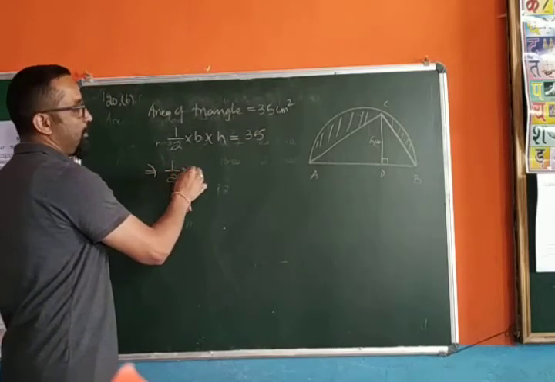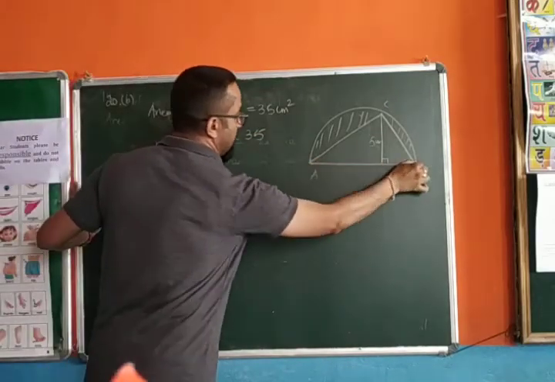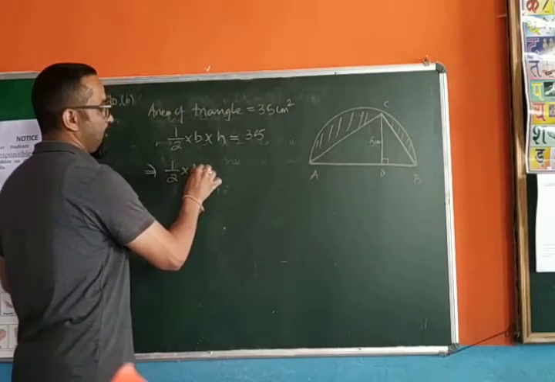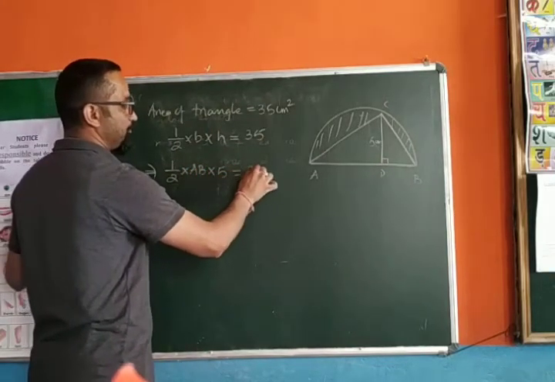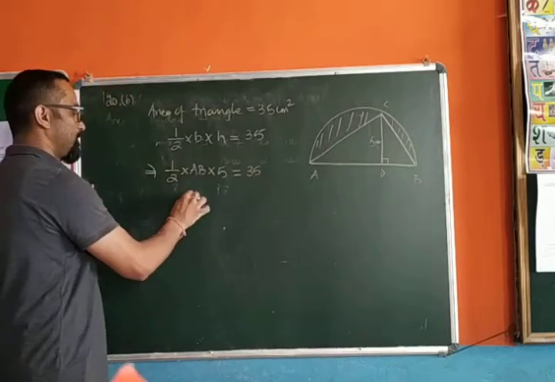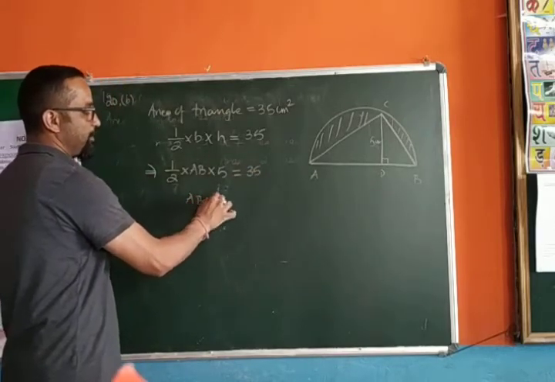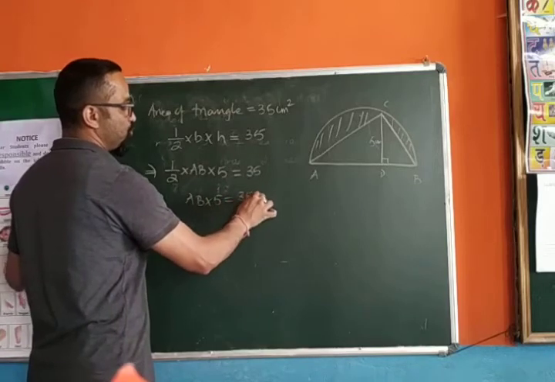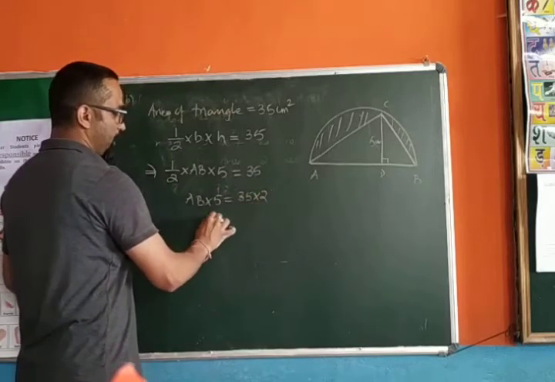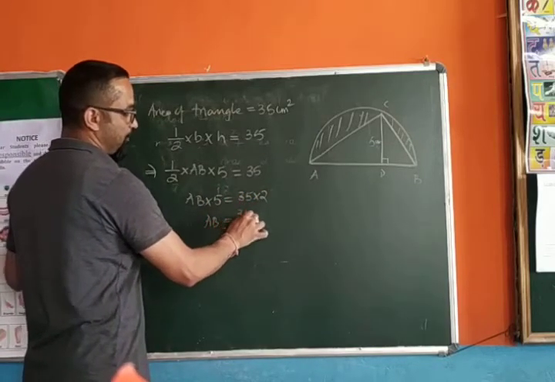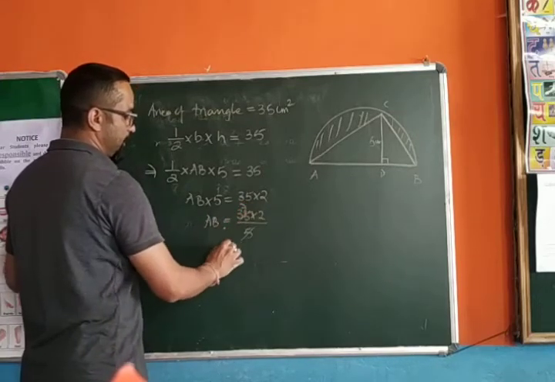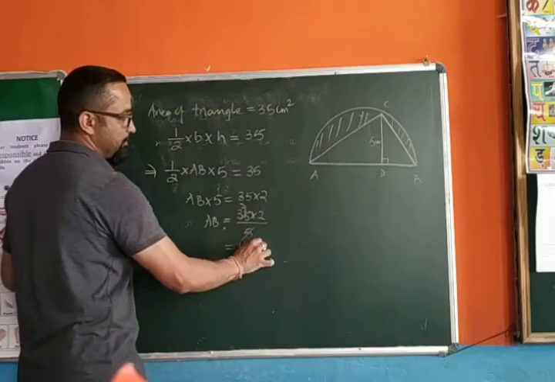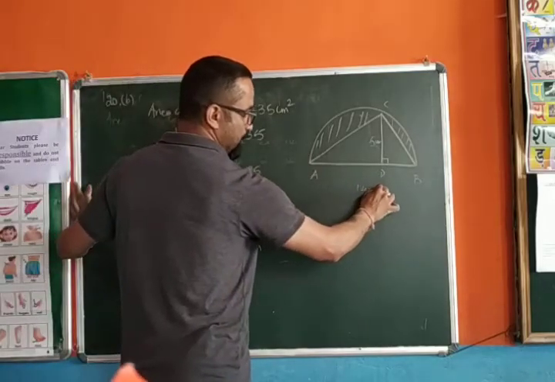Half, base is taken as AB, height is given 5 centimeter, equals 35. Cross multiply. AB is equal to 35 into 2 divided by 5. 7 times 2, which is equal to 14 centimeter. Right? Yeah, 14 centimeter.